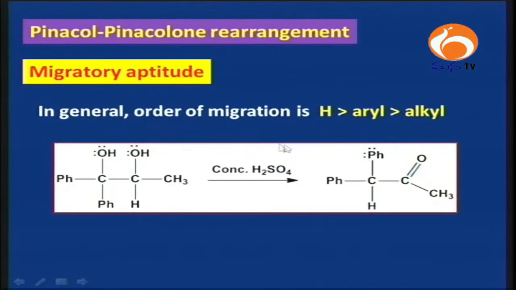But it was observed that it is only a 1,2 hydride shift, because from this order hydrogen will undergo migration more readily when compared to the alkyl group. Therefore, the hydrogen atom along with the bond pair of electrons, that is H minus, will undergo migration from this carbon to the carbocation. Therefore, it is an example of a 1,2 hydride shift reaction.